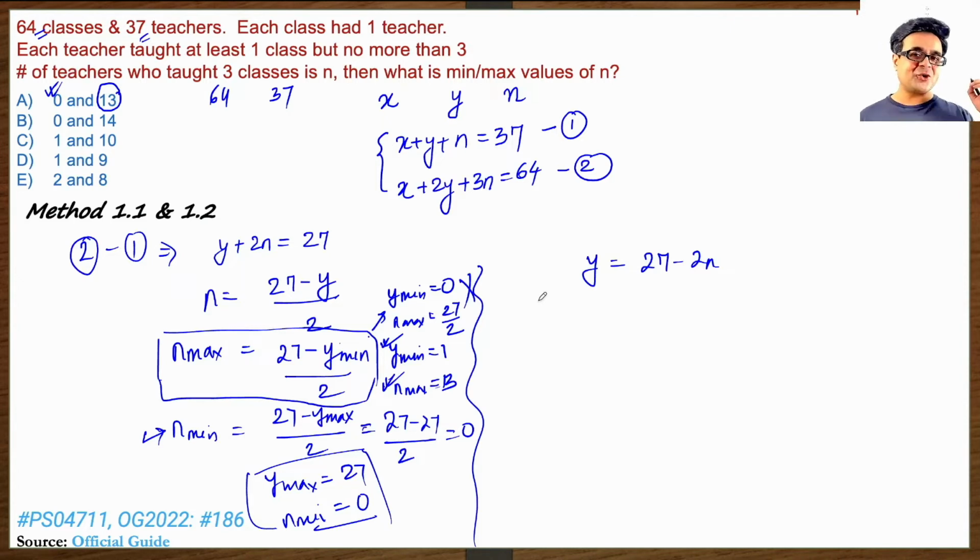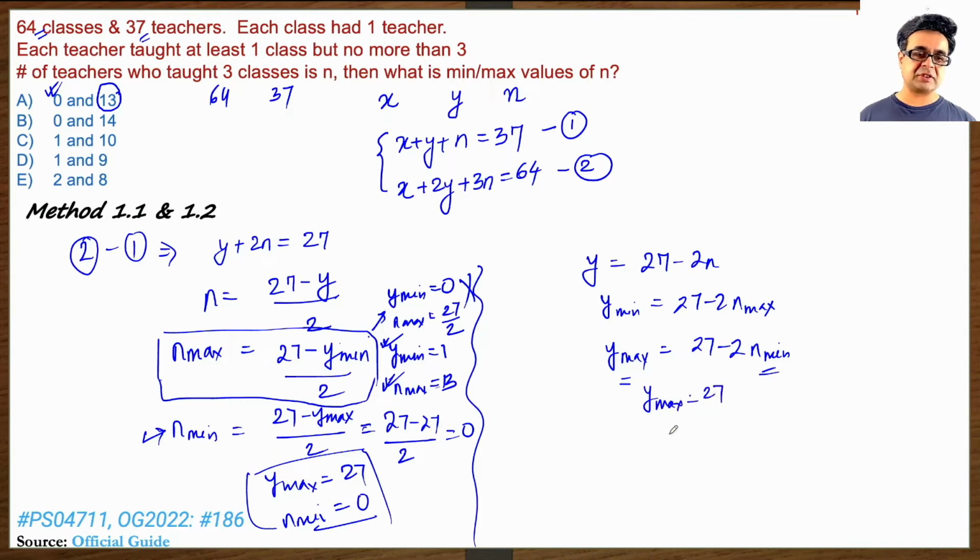Okay, so we are going to follow very similar logic when we express the equations in this way, where y minimum equals 27 minus 2 n maximum and y maximum equals 27 minus 2 n minimum. Now to find the maximum value of y, we can make the minimum value of n as 0, and we will immediately get the maximum value of y as 27 and minimum equal to 0.